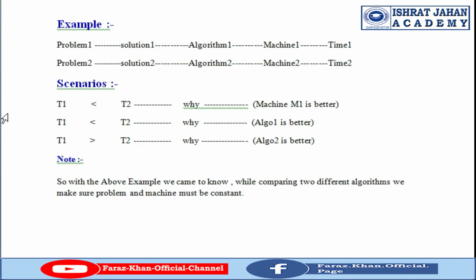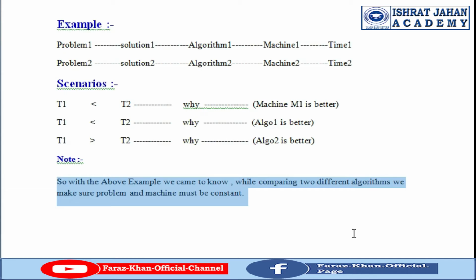So what have we understood with these examples and these scenarios is, while comparing two different algorithms, we make sure problem and machine must be constant. What does that mean? While comparing two different algorithms or three different algorithms, we should keep constant machine and the problem.